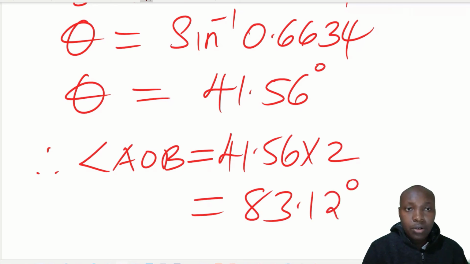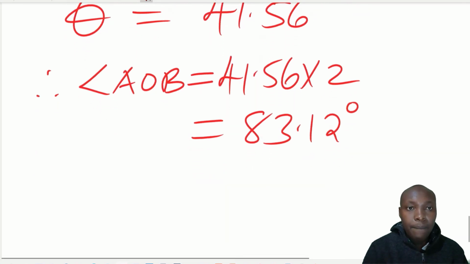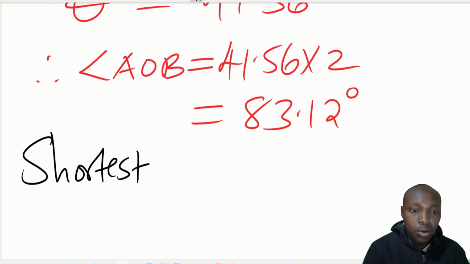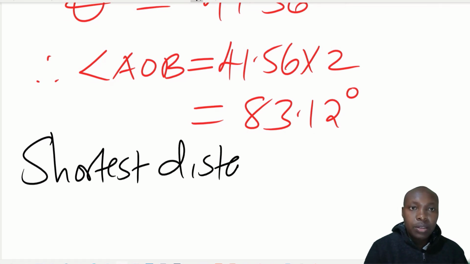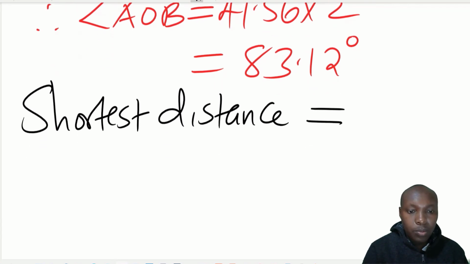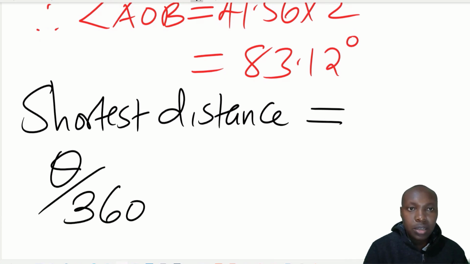Now let's calculate the shortest distance along the great circle, that is distance AB along the great circle, and it is given by this formula: distance along the great circle equals theta over 360 multiplied by 2 pi r. That is how we get the distance along the great circle in kilometers.